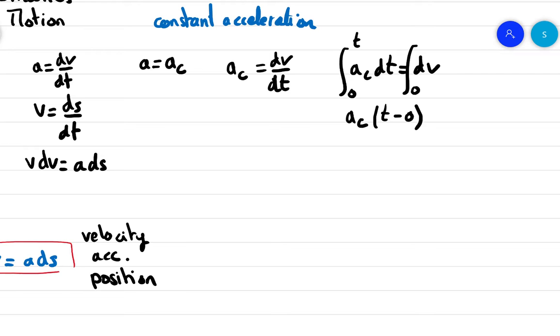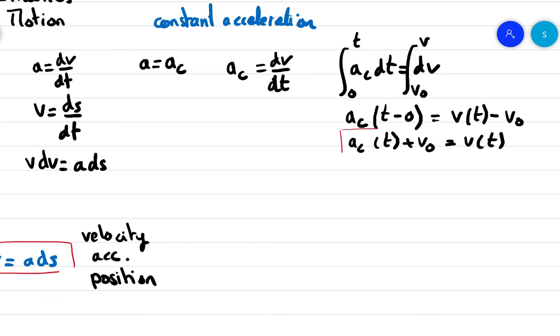And on the right, it's between v naught and v, and it gives us v of t minus v naught. v naught is the initial velocity. So we can write a_C times t plus v naught equals v of t. Here we go. That's how we have the formula for the velocity if we know that the acceleration is constant.